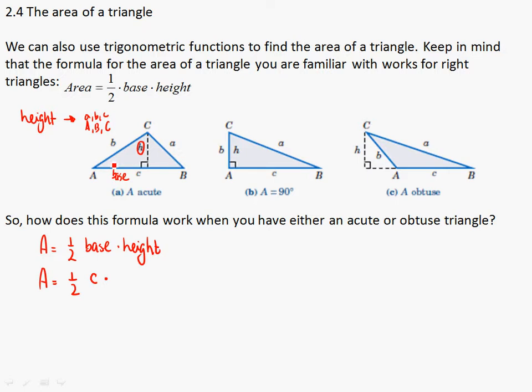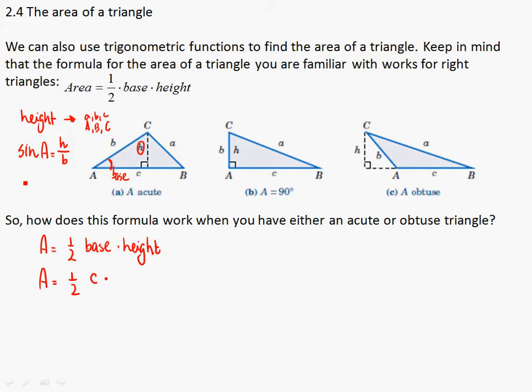Hopefully you are saying yes, because if I stand in this angle over here, the height would be part of the sine, right? So the sine of angle A is the height divided by the base.